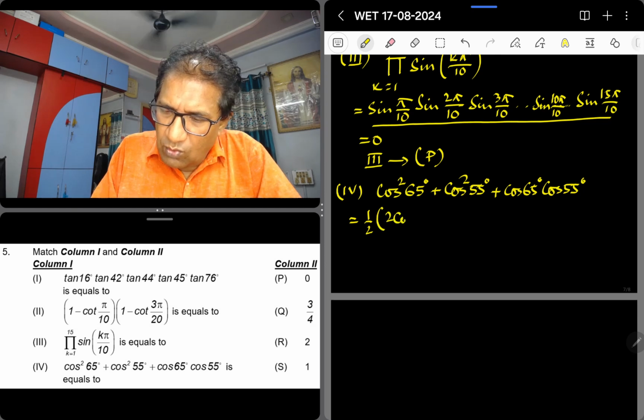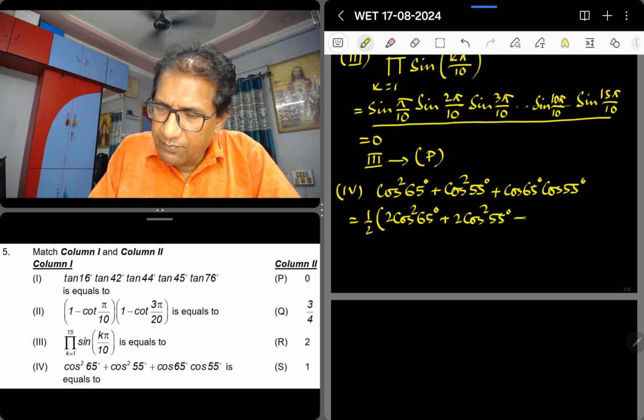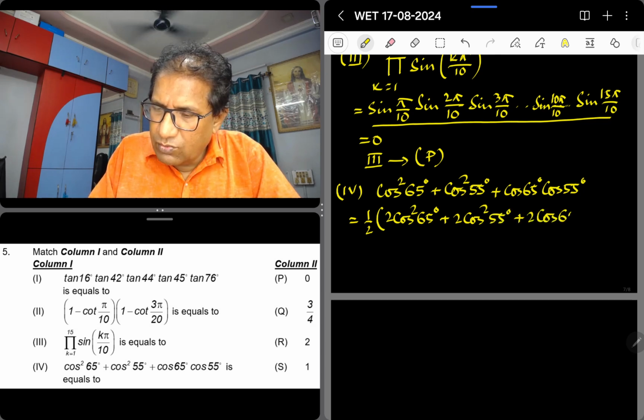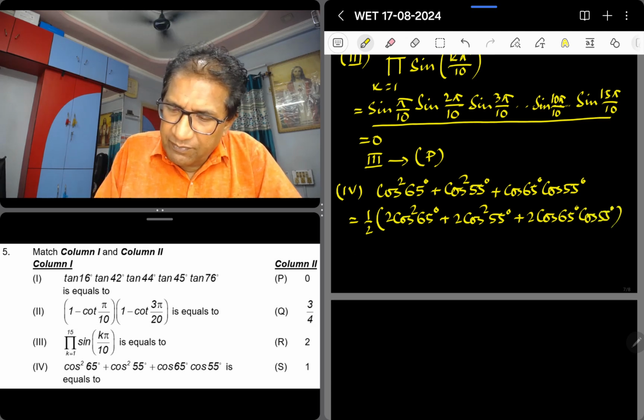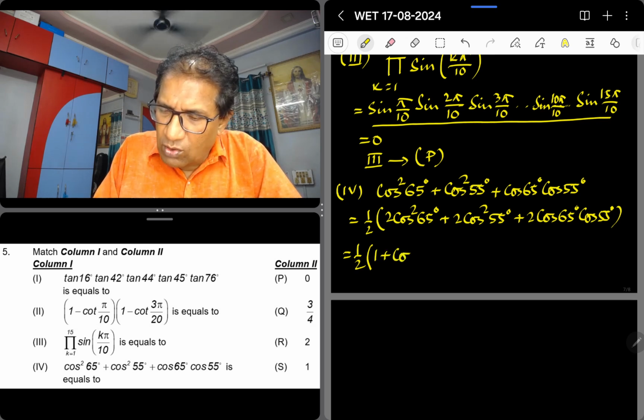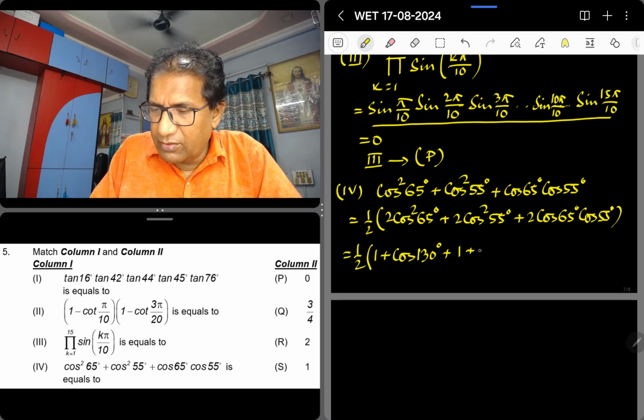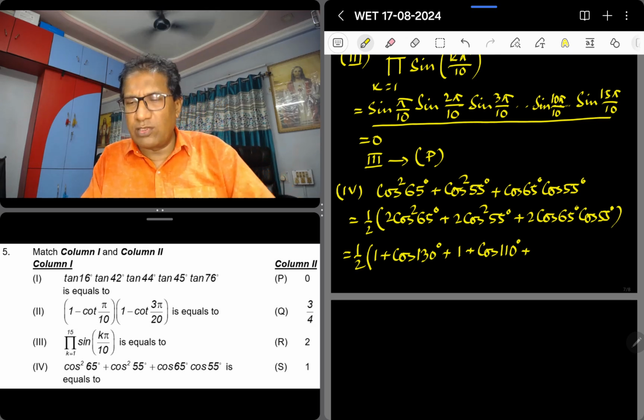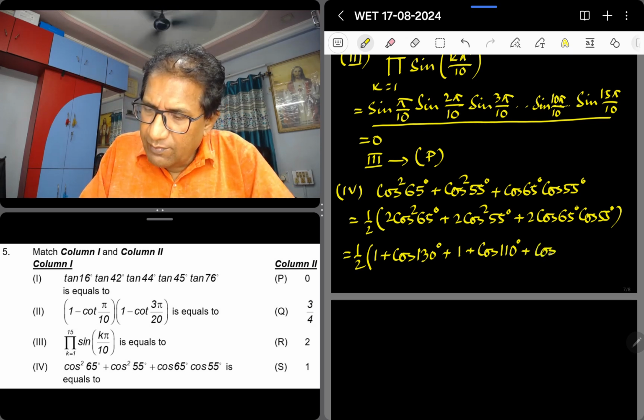So it will be 2 cos square 65, 2 cos square 55, 2 cos 65 cos 55, right? Now 2 cos square theta can be written as 1 plus cos 2 theta. Similarly for this one also, and this one is 2 cos A cos B. So cos A plus B.